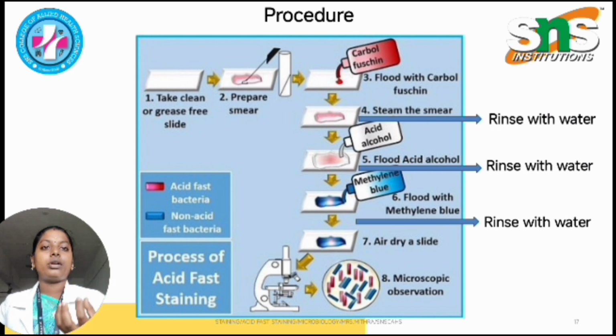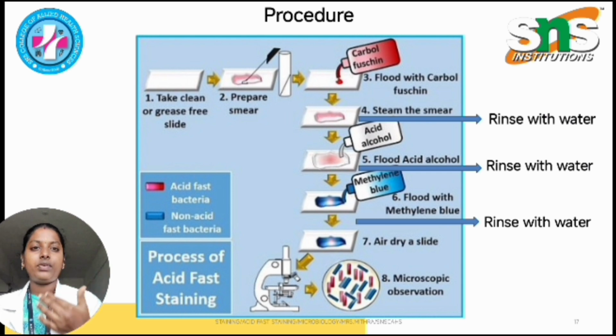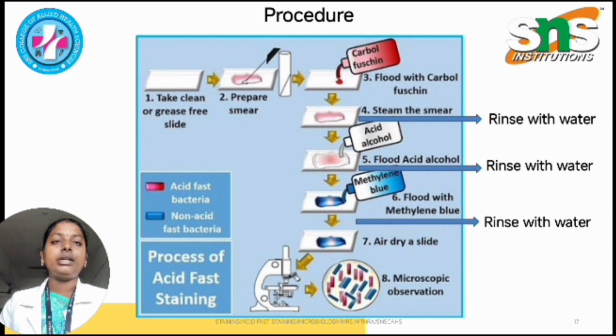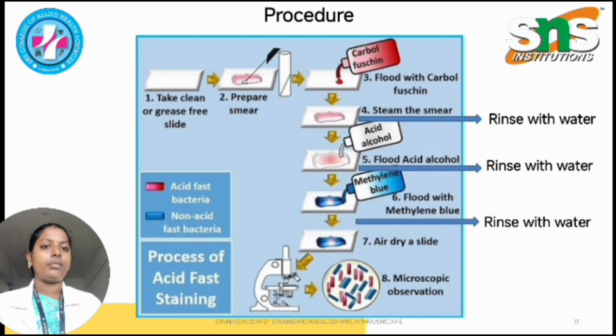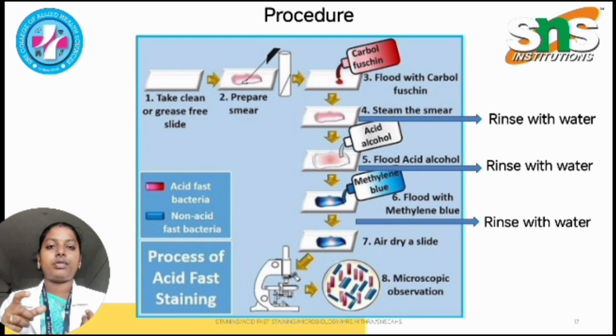After adding carbol fuchsin, we heat fix the slide for proper absorption of the red color carbol fuchsin dye, wait for 1 minute, and after 1 minute rinse with water.